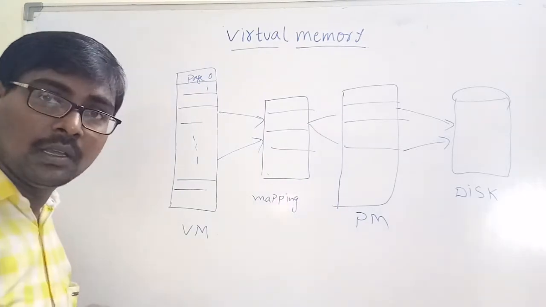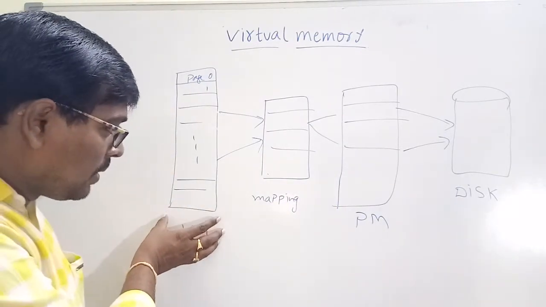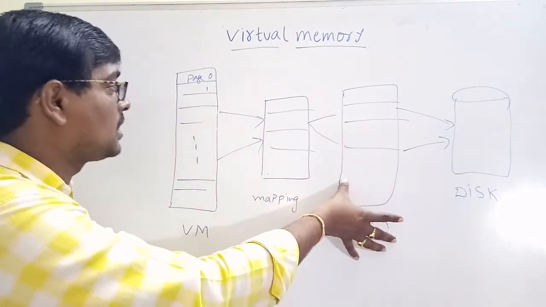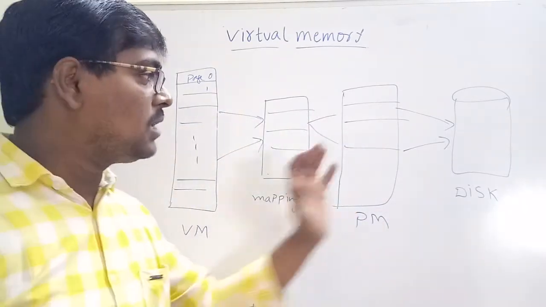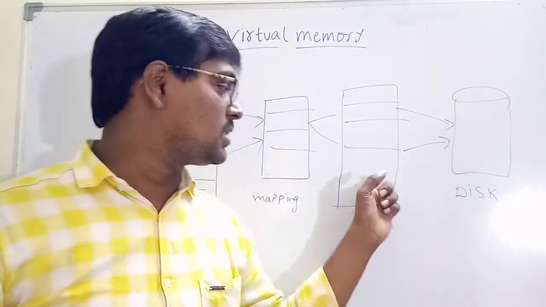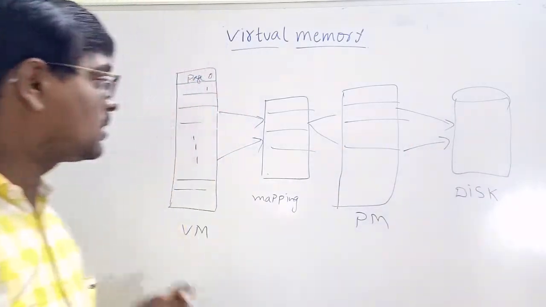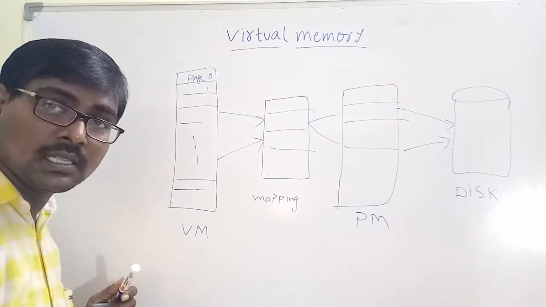So the large virtual memory is mapped into physical memory. The size of virtual memory is larger than the physical memory, and the physical memory is connected to the disk. This is the mapping.